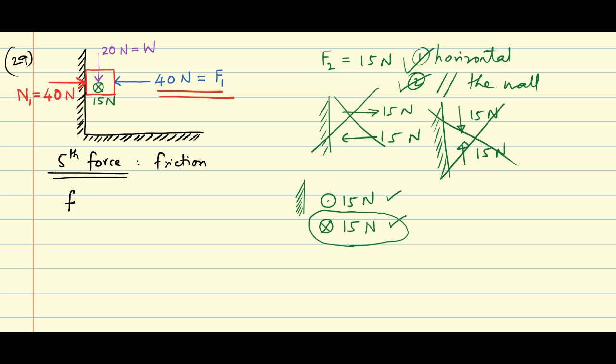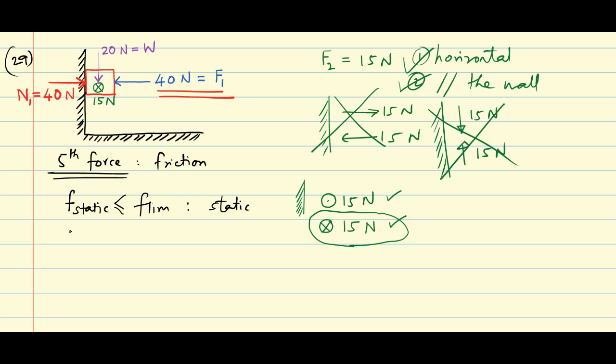If there is some static friction required for the block to remain in equilibrium, the question is whether the limiting friction between the wall and the block is greater than or equal to the required static friction, in which case of course the block will remain static.